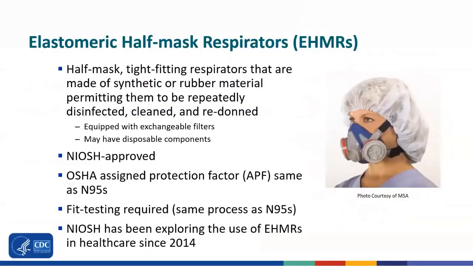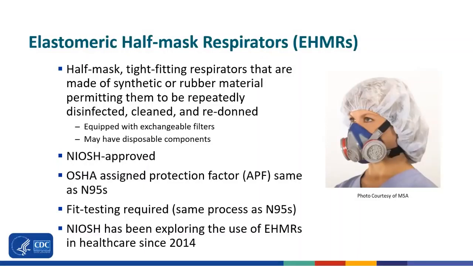So elastomeric half-mask respirators, or EHMRs, are tight-fitting respirators that are made of synthetic or rubber material, permitting them to be repeatedly disinfected, cleaned, and redonned. They are equipped with exchangeable filters, and they may have disposable components.